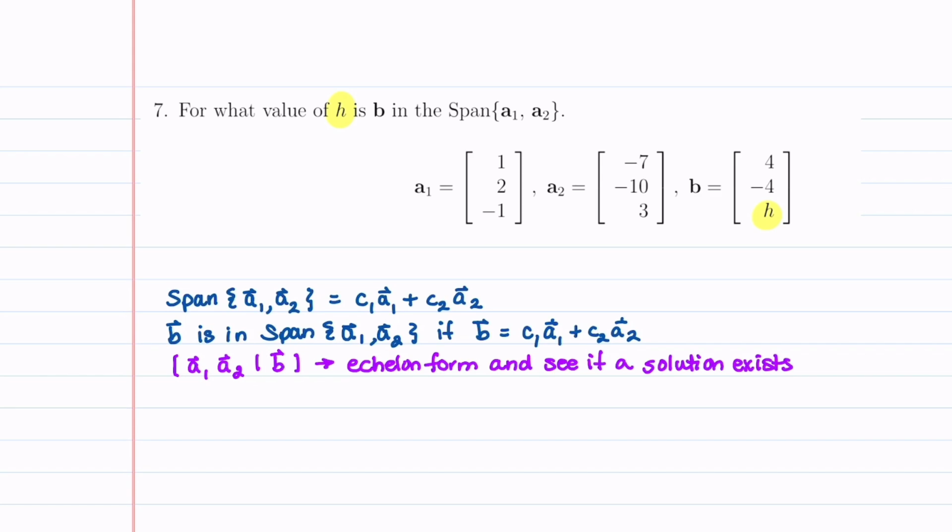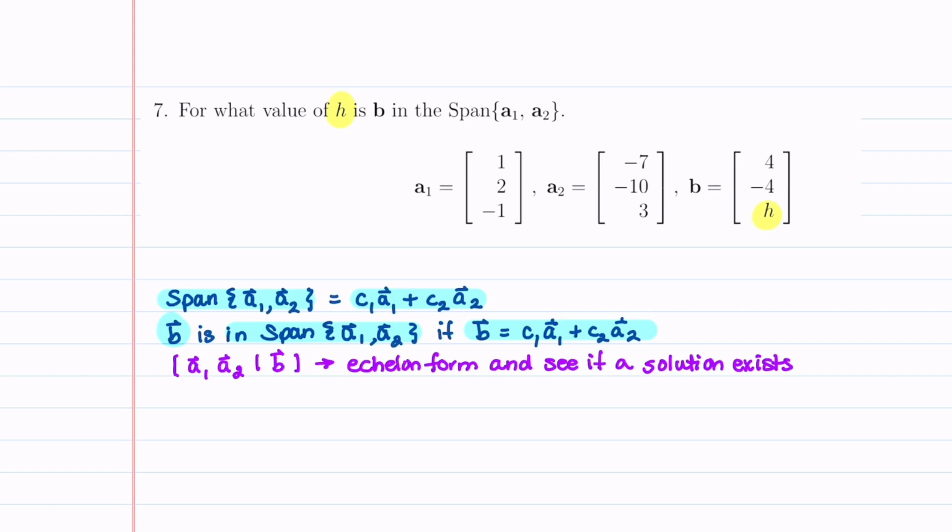Let's talk a little bit of theory before we go ahead and solve this. The span of a1 and a2 is just all the linear combinations of a1 and a2, and we can write that as c1 a1 plus c2 times a2. Our vector b is then in the span of a1 and a2 if b can be written as a linear combination of a1 and a2.